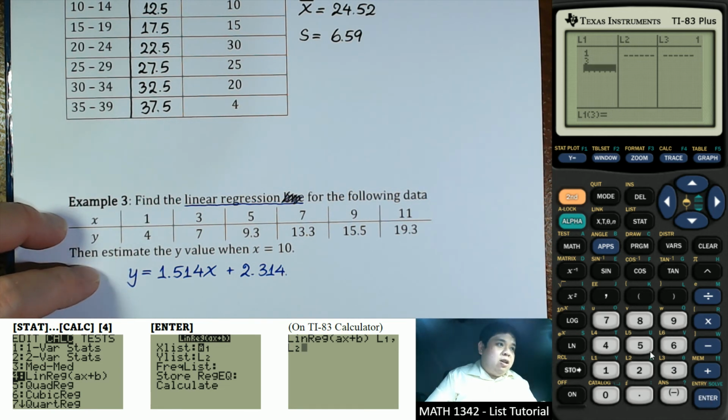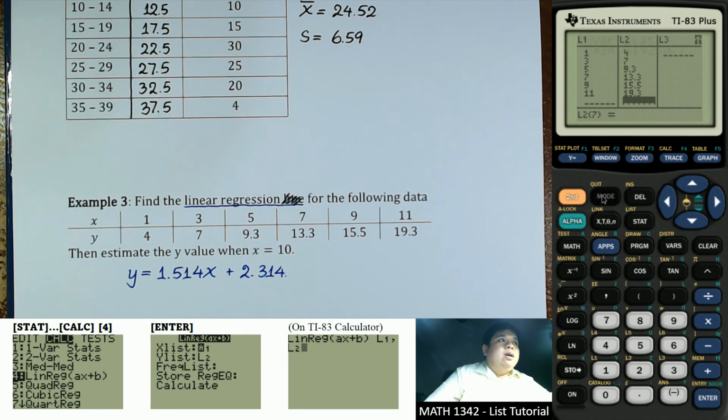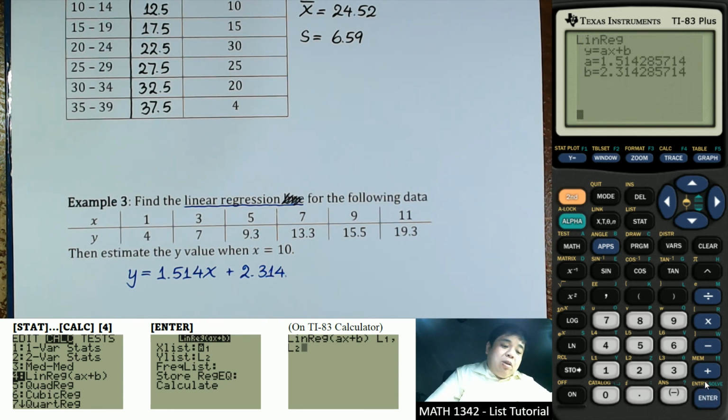L1 for X, L2 for Y: 4, 7, 9.3, 13.3, 15.5, and 19.3. Second mode, quit. Now, stat, calculate, linear regression. Okay, you see we have the same thing, but again we need to turn on the diagnostic. Second, catalog.